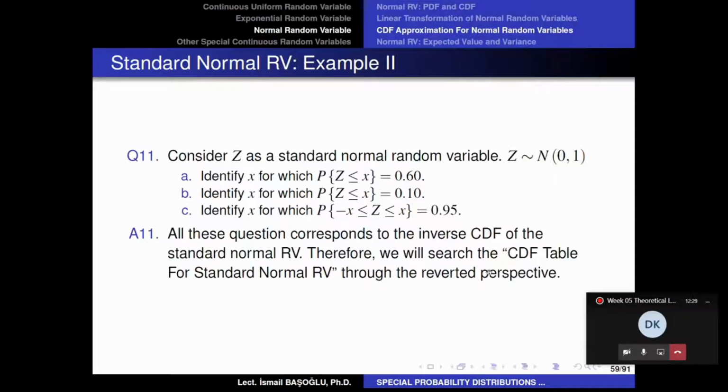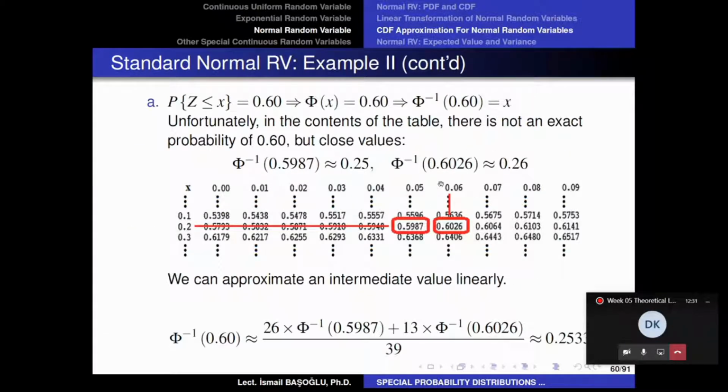So we can see that in the presentation file as well. I am looking for the probability to be equal to 0.60, but I cannot see that probability exactly here. So x value should be somewhere between 0.25 and 0.26. So what I observe is this.